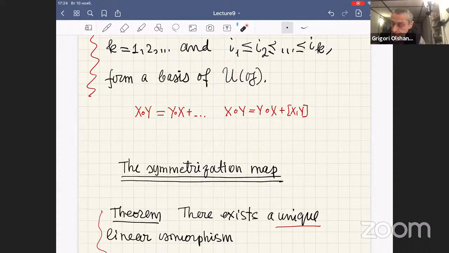So using this simple rule, we can reorder in any way we wish any monomial and reorder the terms, reorder the letters in any order.